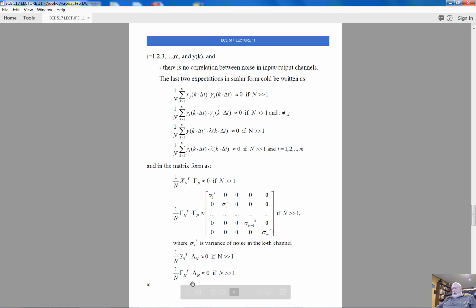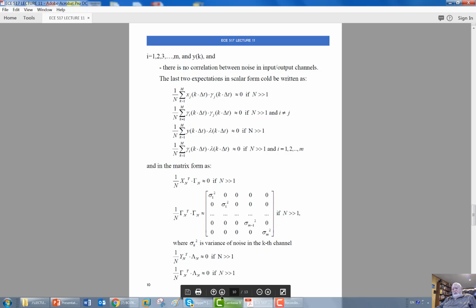It is 0, and this is array gamma that represents noise in the input channels, multiplied by array lambda that represents noise in the output channel. This product is also 0. These properties will help us very soon, and you will appreciate these expressions.